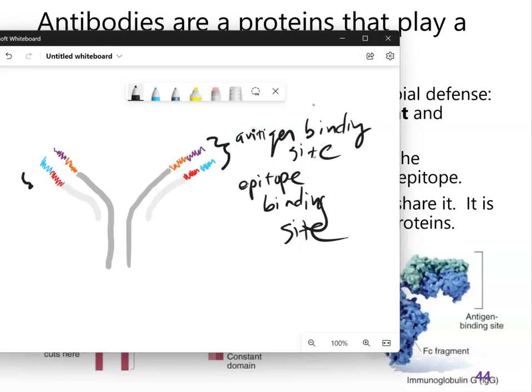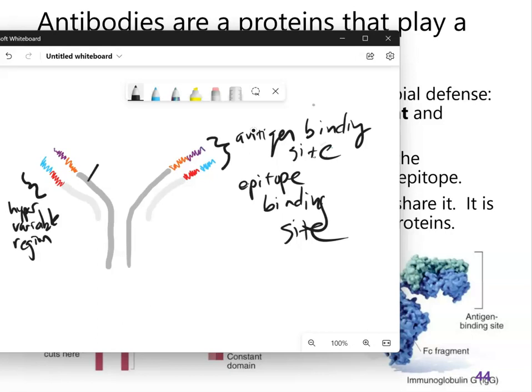This is also called the hypervariable region. And the antigen binding site is made of hypervariable region DNA. So by hypervariable, what that means is that if you compare a bunch of antibodies, they're all going to have different antigen binding sites, but the rest of them is all going to be identical.